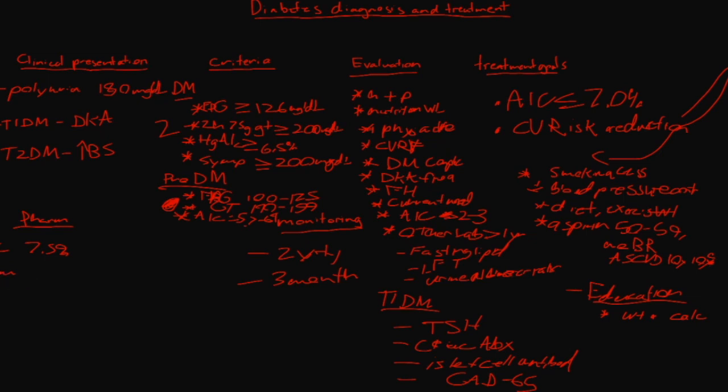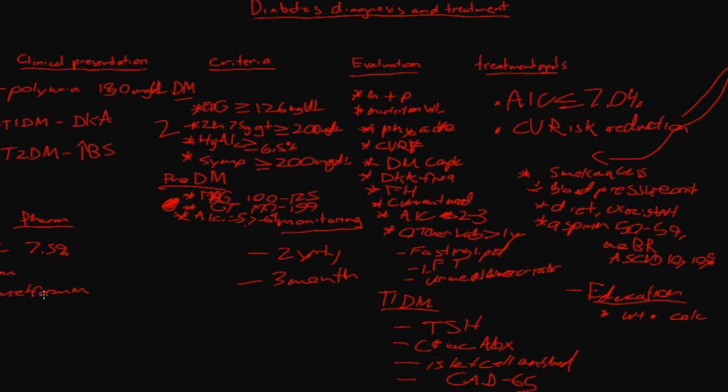There is no right medication to start, but we generally start with metformin. Why? Because metformin is fairly safe, it is cardioprotective, and it is a cheap medication. It is a good option. So we usually start with metformin.